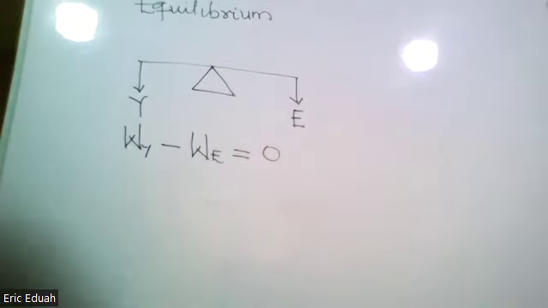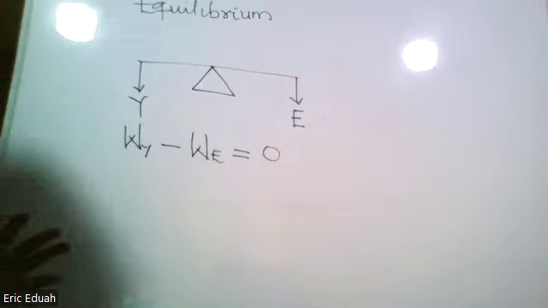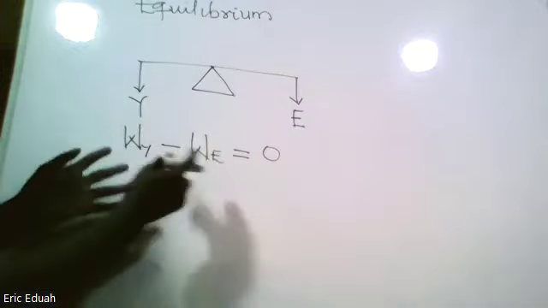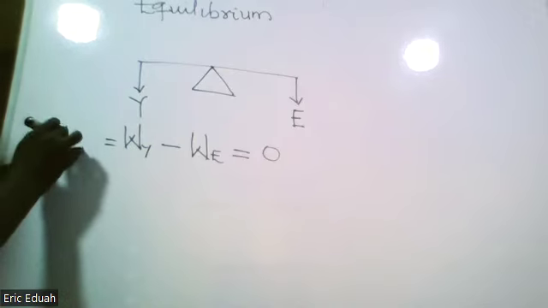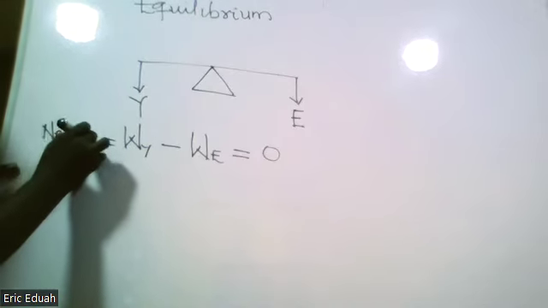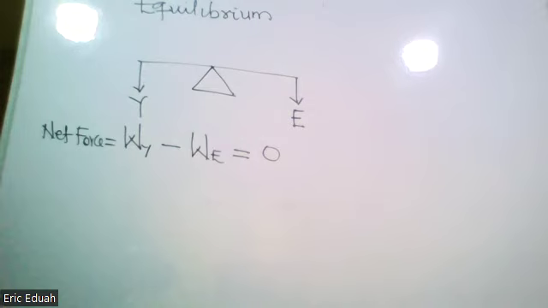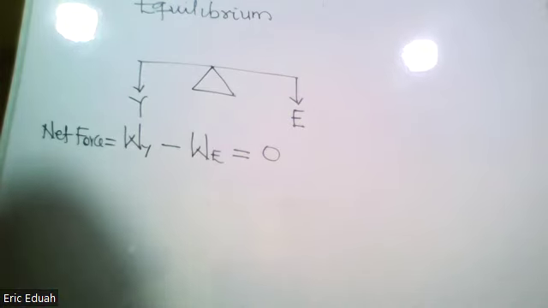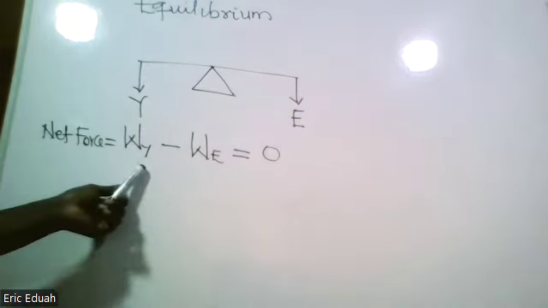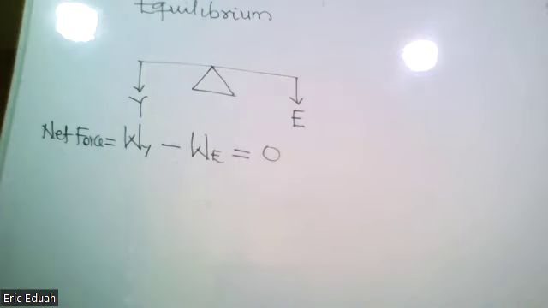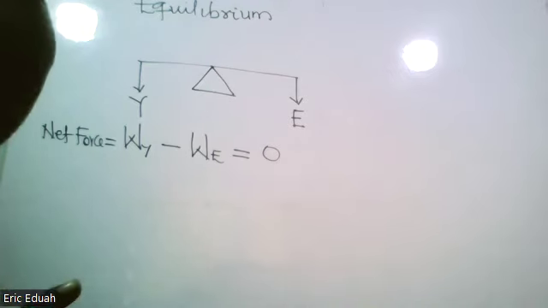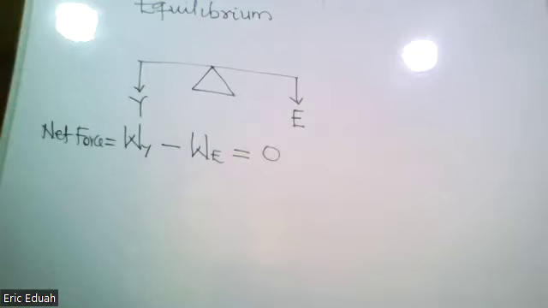Okay. And this difference is what we call the net force or weight. So the difference between two forces or vector quantities is what we call the net. When two forces are said to be in equilibrium, their net force is equal to 0.